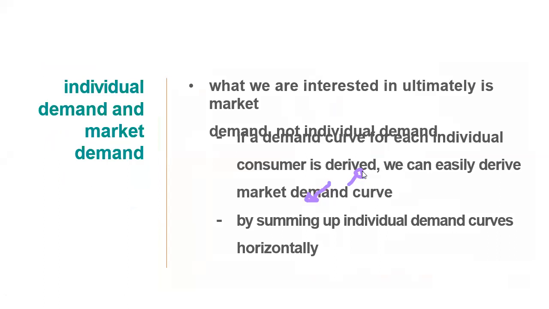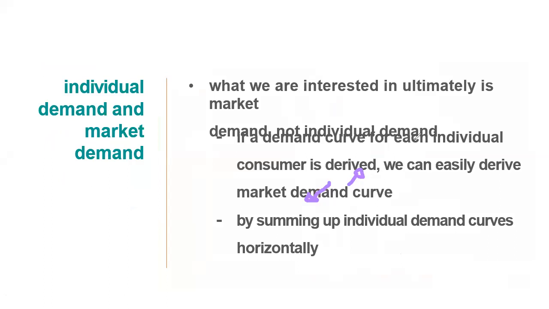About this concept, we have individual demand and the market demand. Individual demand is only for one person on a micro basis, but the demand of the market, we call it aggregate demand, is for the whole population. We are interested more in the market because demand in the market represents the aggregate demand.